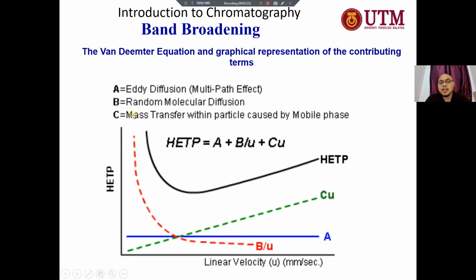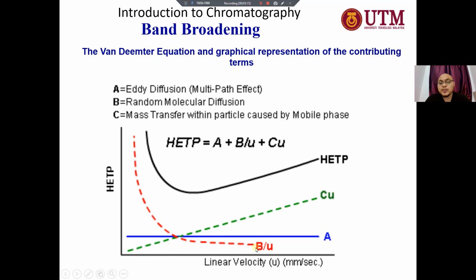On C, mass transfer within the particle, to counter the problem of mass transfer band broadening, you need to use a flow rate at low velocity. So if we look over here, the crossing point between all three sources of band broadening is where you just need to find a good velocity that can counter that, not too fast and not too slow.